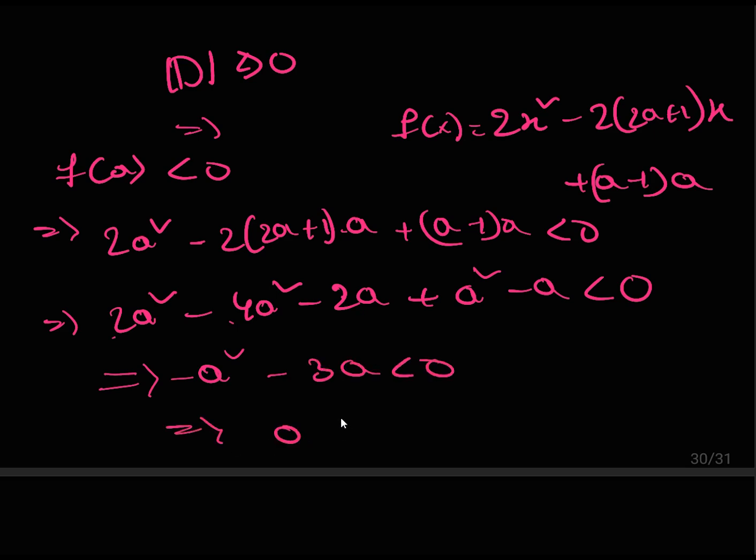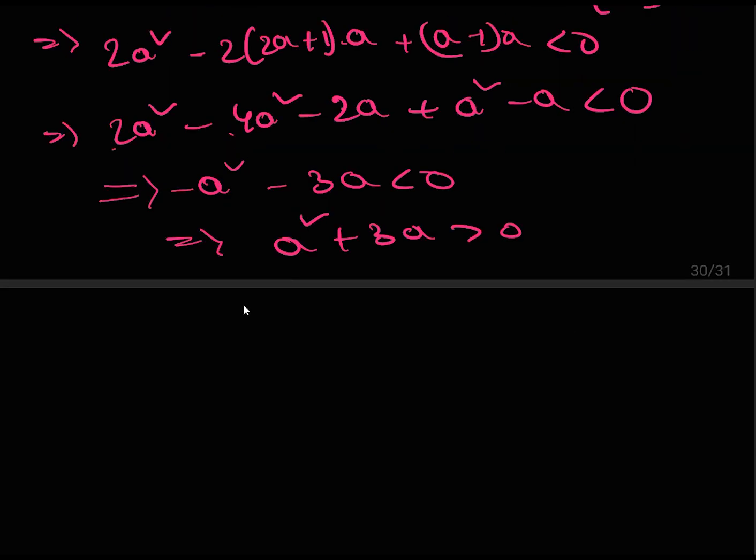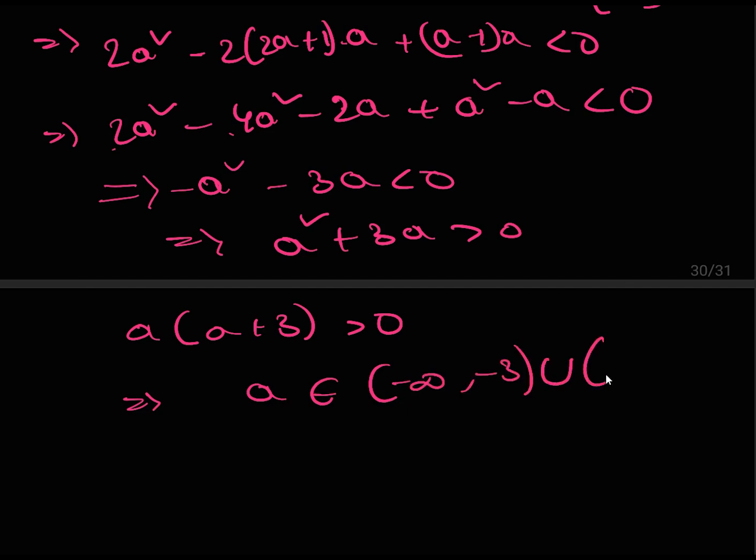That means a square plus 3a should be greater than 0, that means a times (a plus 3) greater than 0. Therefore, the range of a will be minus infinity to minus 3 union 0 to infinity. Now we got the range of a from f of a less than 0.